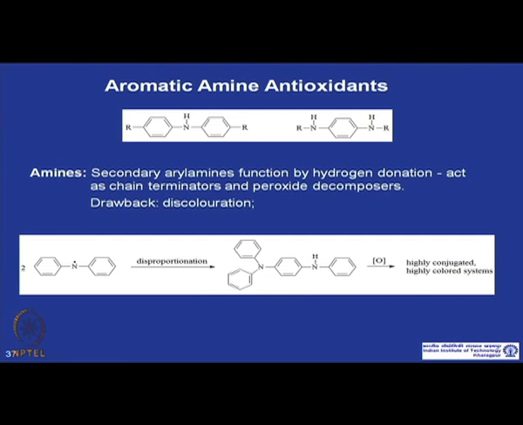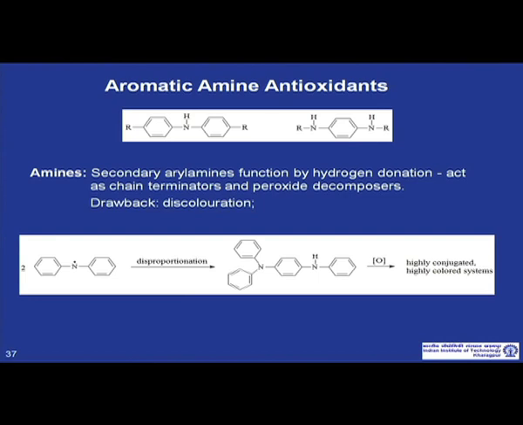The drawback is that they might produce color bodies, and that will discolor the polymer matrix. Now, these are some examples I am keeping on. There could be many more examples of this type of additives, but this is just for your knowledge that these are the possible ways of using additives and how they actually do their job.